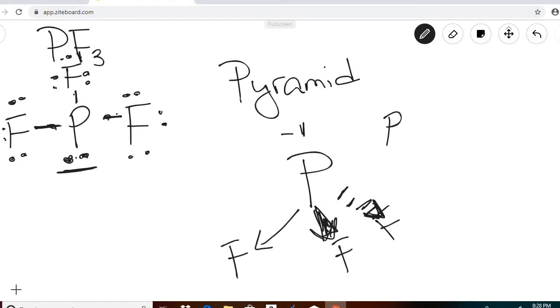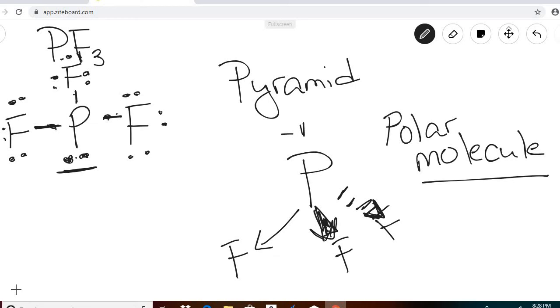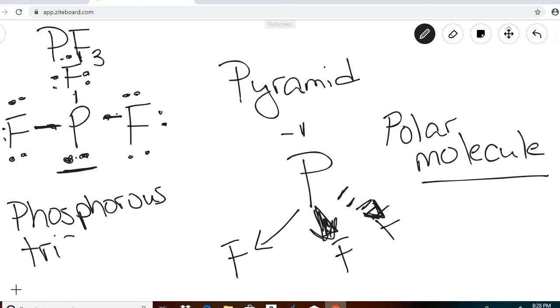So this would be a polar molecule. And polar molecules do dissolve in water. So PF3 would dissolve in water. In terms of naming this compound, it would be phosphorus trifluoride.